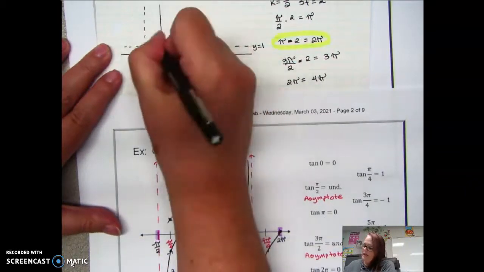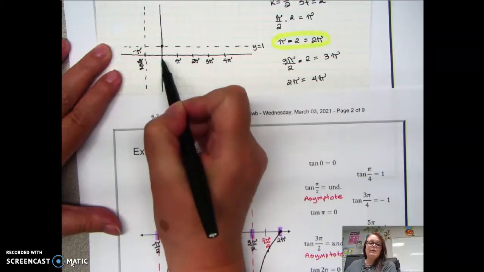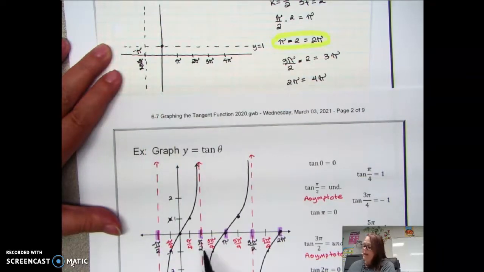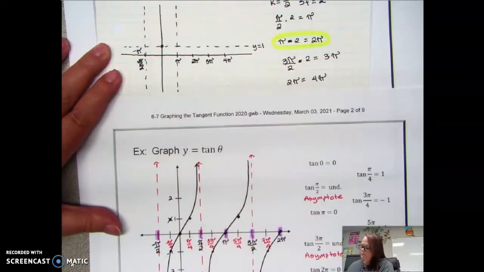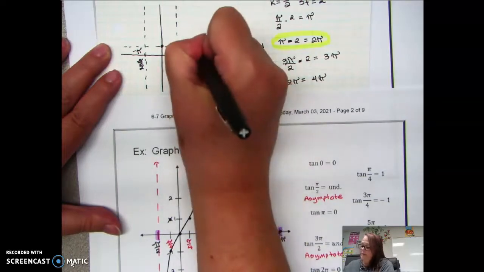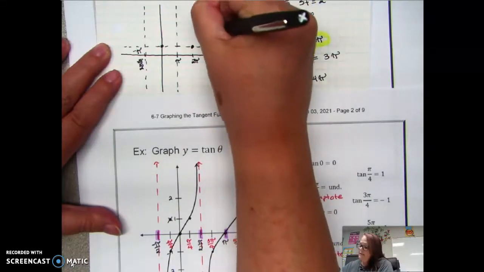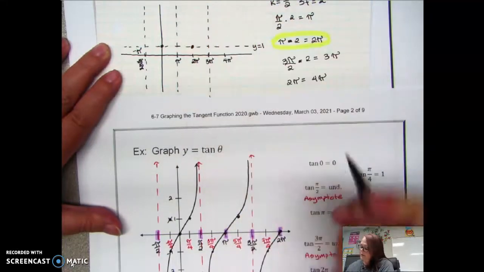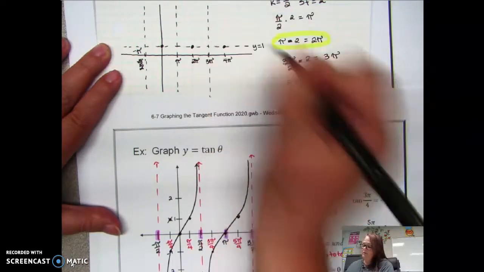I have an intercept at 0, but remember that intercept is going to happen on my midline, not on the x-axis. I have an asymptote now at pi instead of pi over 2. And then I have an intercept at pi, which is now 2 pi. And then I had an asymptote at 3 pi over 2, but that's now at 3 pi. And then at 2 pi, I had an intercept. So at 4 pi, I'm going to have an intercept.